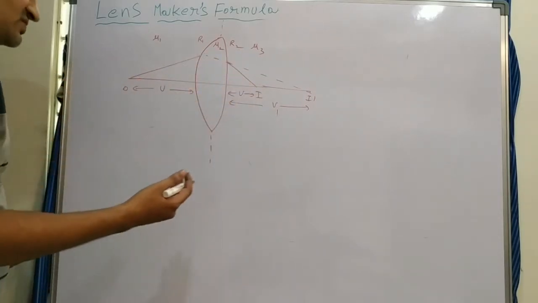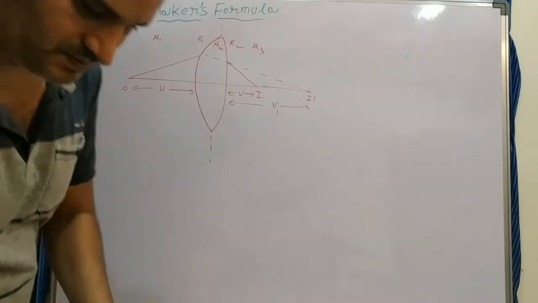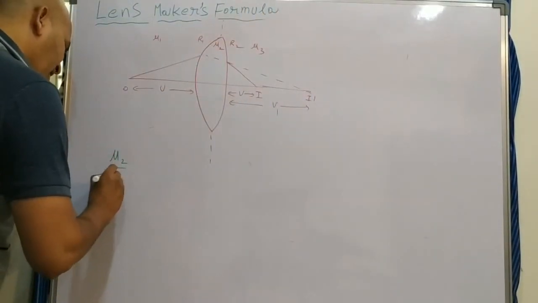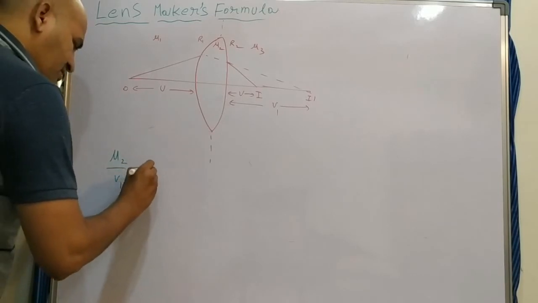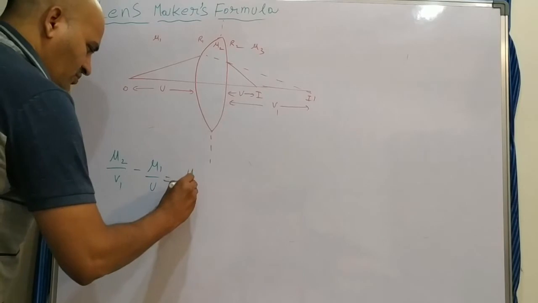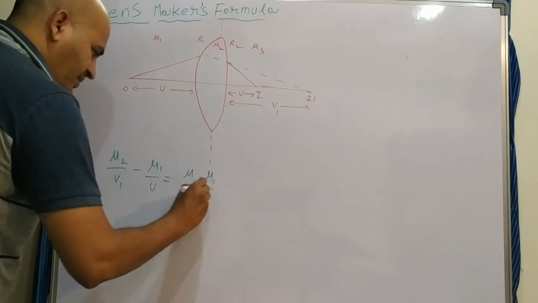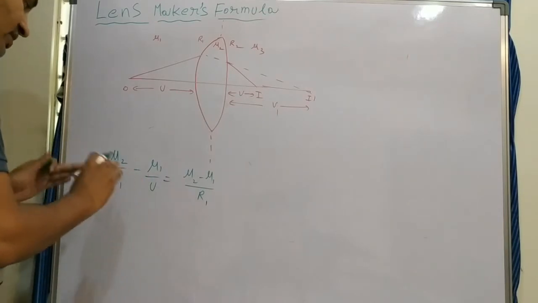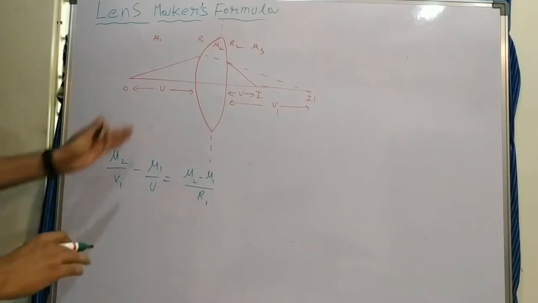So the lens maker's formula we can apply normally. That is mu2 by v1 minus mu1 by u is equal to mu2 minus mu1 by r1. That is the first formula. For the second formula, the light enters from mu2 to mu3.